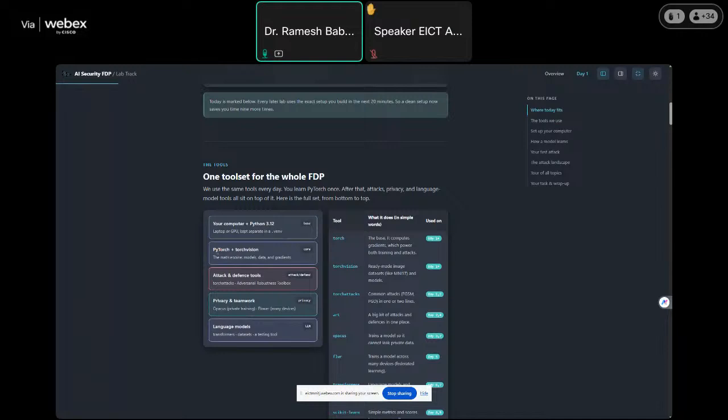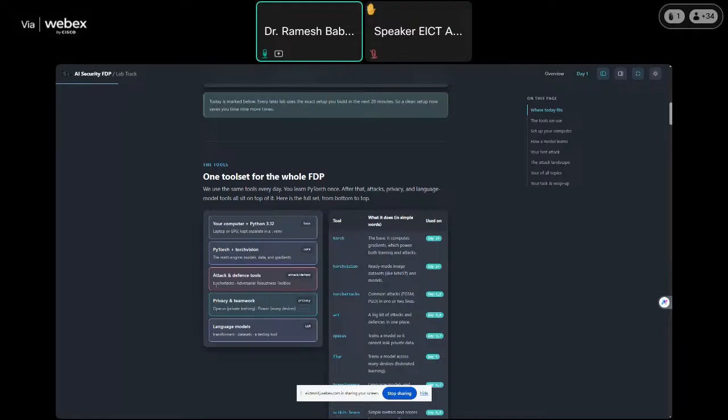PyTorch was introduced by Meta. Initially it was more popular in the research domain, but now it is very famous in industry as well. It contains everything that you require in the entire DL pipeline, from code to datasets and everything. You can also implement your custom AI models with PyTorch.